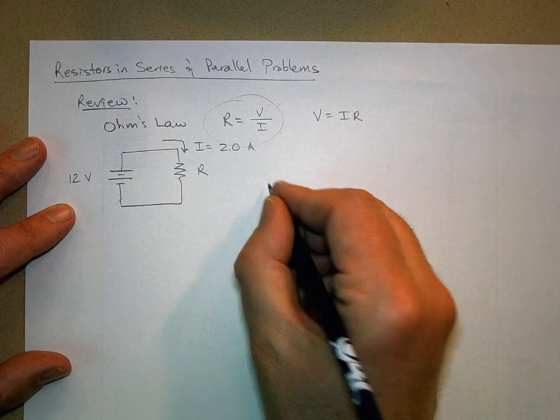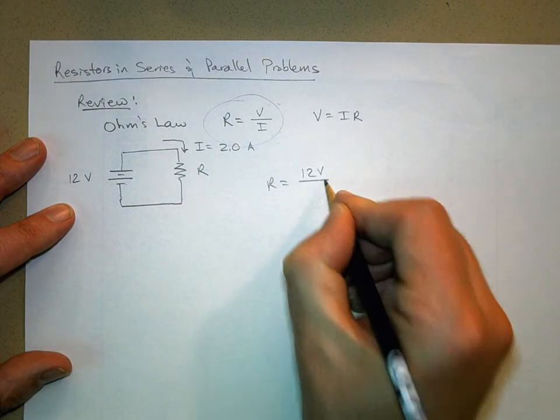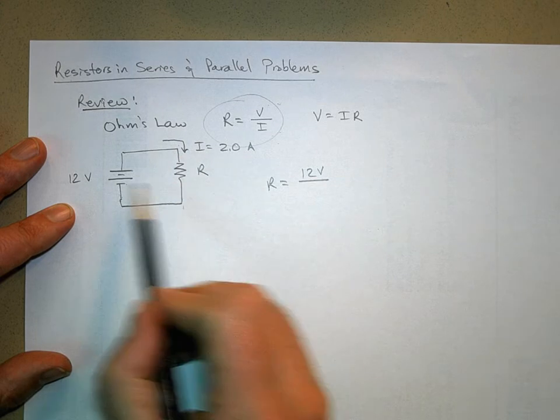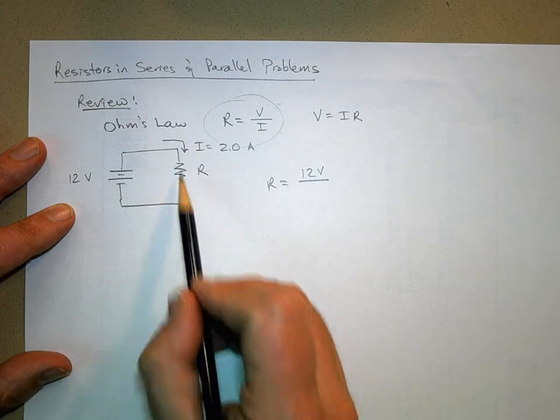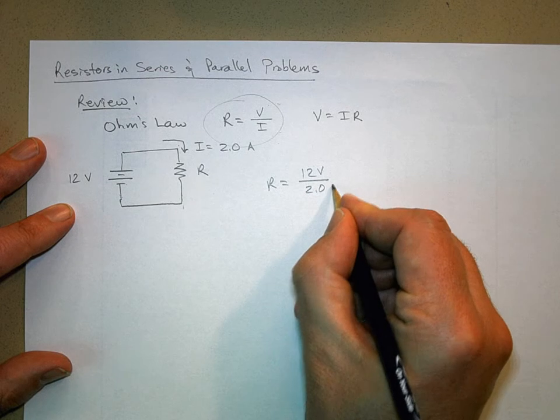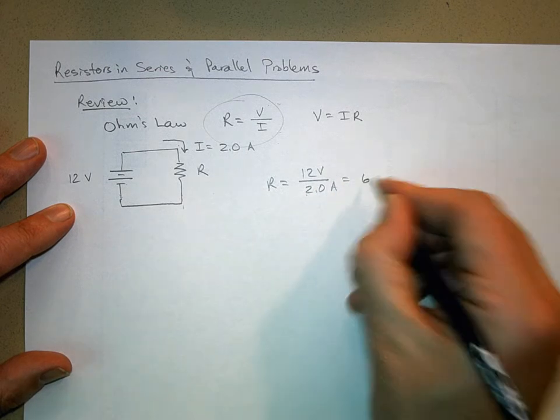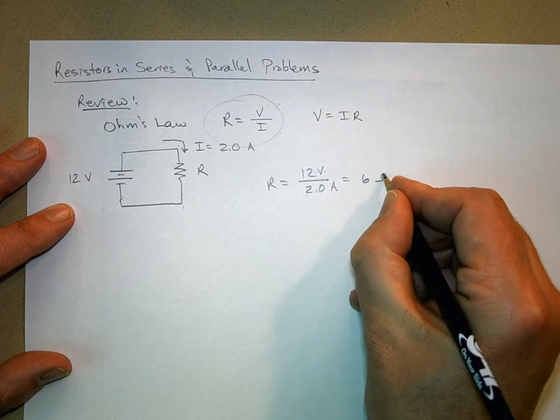We said the resistance is just going to be equal to that 12 volts delivered to the load resistance here, divided by the current flowing through it. And of course, 12 divided by 2 is 6. And a volt per amp is an ohm.